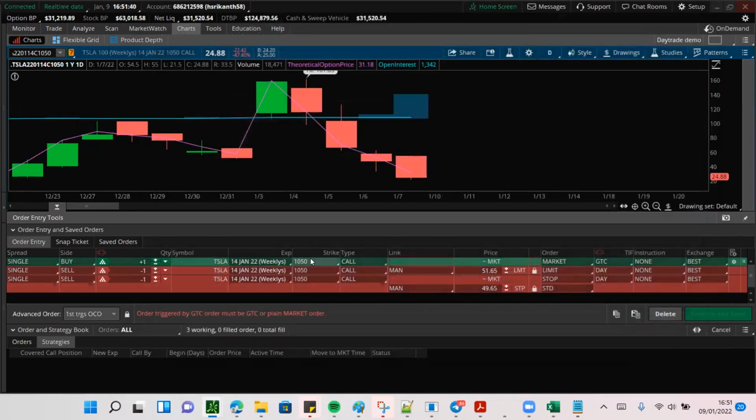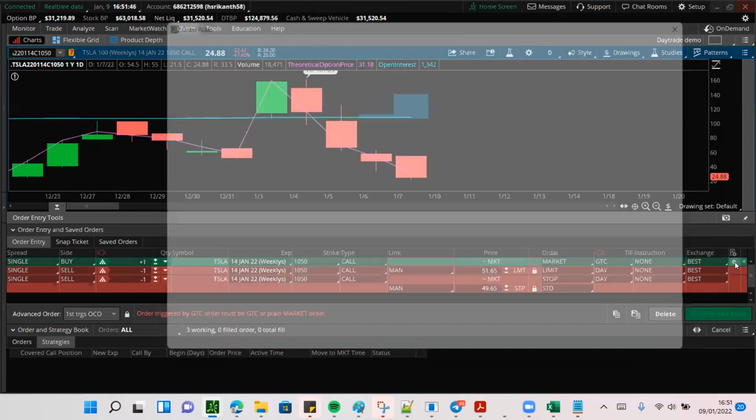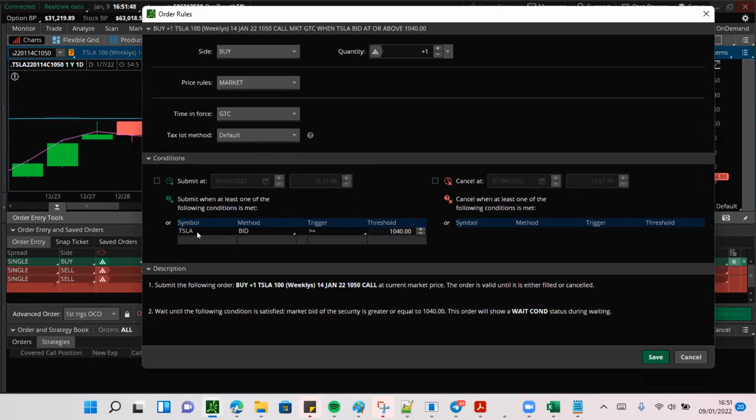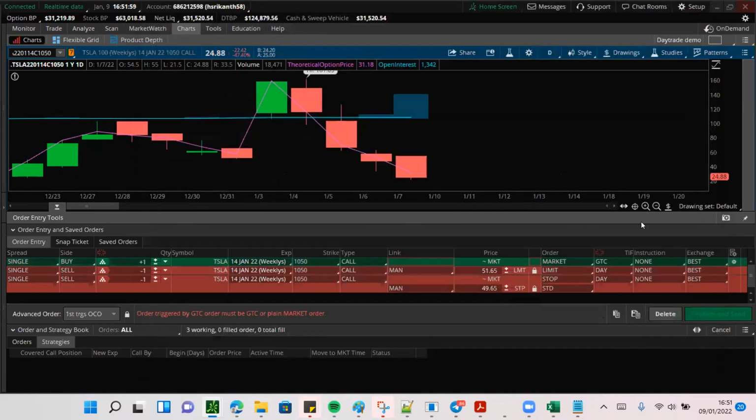So what I'm doing here is trying to buy the Tesla 1050 calls whenever Tesla is greater than or above 1040. Then only I'm going to buy the 1050 calls, and here you are setting your market order.